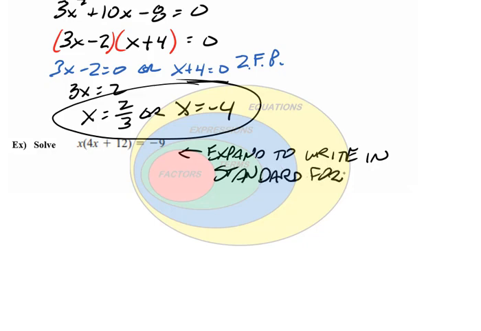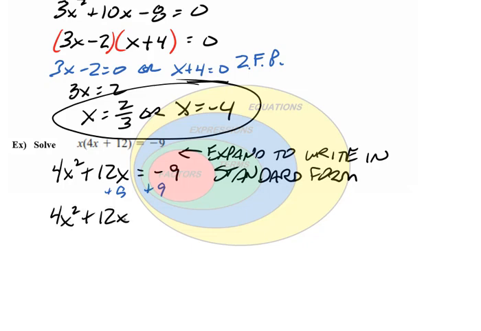So if I expand the left side, multiplying through, I get 4x squared plus 12x equals -9. And then if I add 9 to both sides, I get 4x squared plus 12x plus 9 equals 0. So it's in standard form, so now I want to factor.